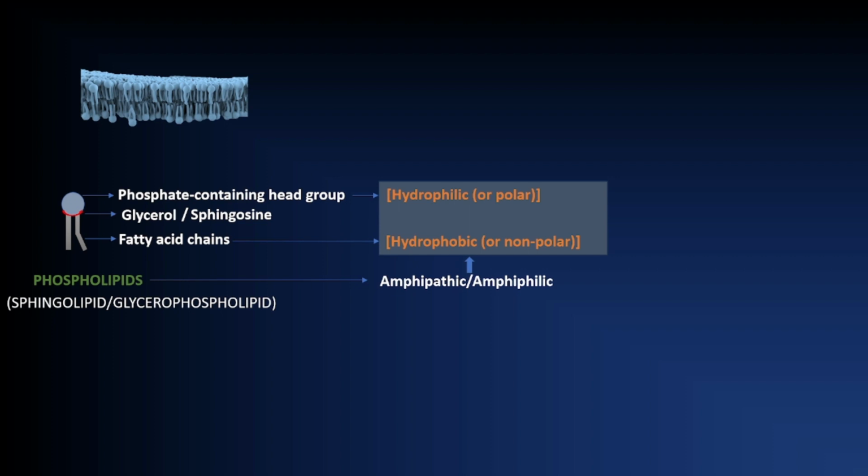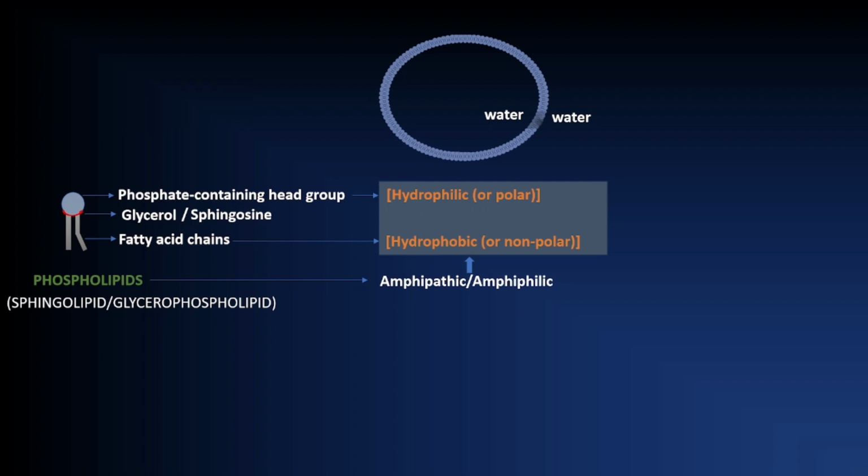The environment inside the cell as well as outside the cell is aqueous. Water dissolves other substances. Then how do the hydrophobic tails survive? By creating a phospholipid bilayer, where the fatty acid chains are buried in the interior of the cell membrane and the heads are exposed to the water.